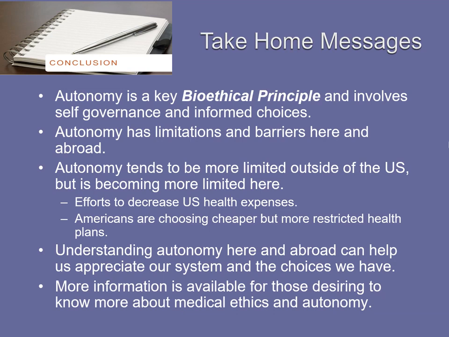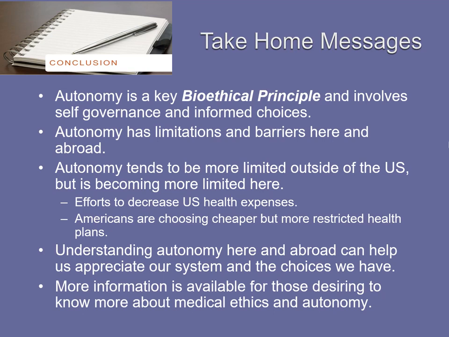Some of those limitations relate to when a person's autonomy may have a negative impact on those around them, such as we've discussed with the tuberculosis example, but basically with many communicable diseases, autonomy comes into play. The barriers are numerous.